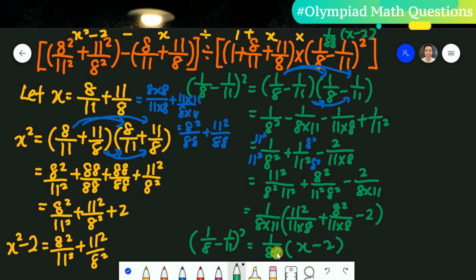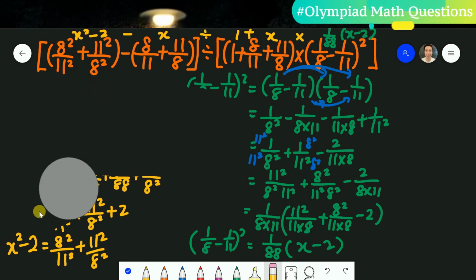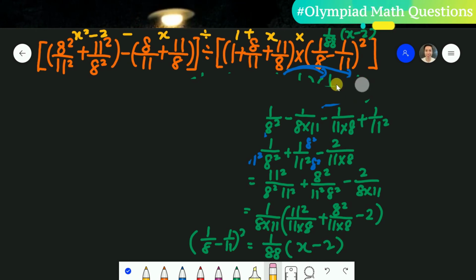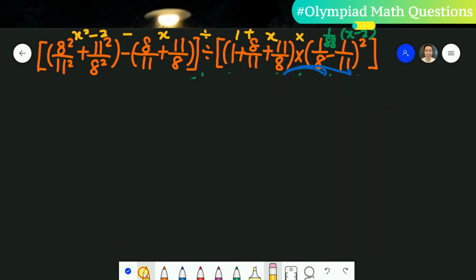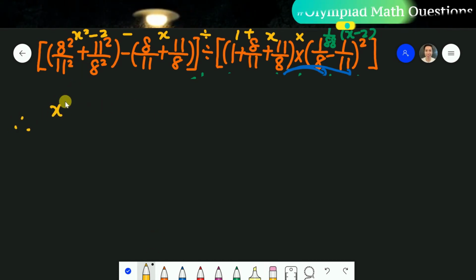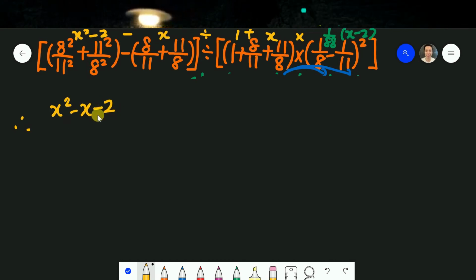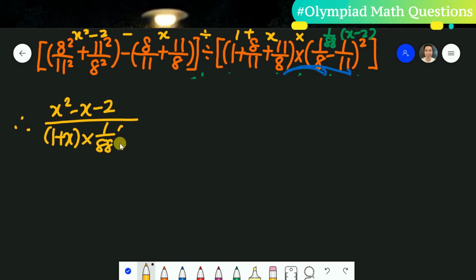Next, we simplify the whole thing using algebra. Hence we get x squared minus x minus 2, divided by, over, 1 plus x times 1 over 88 times x minus 2.